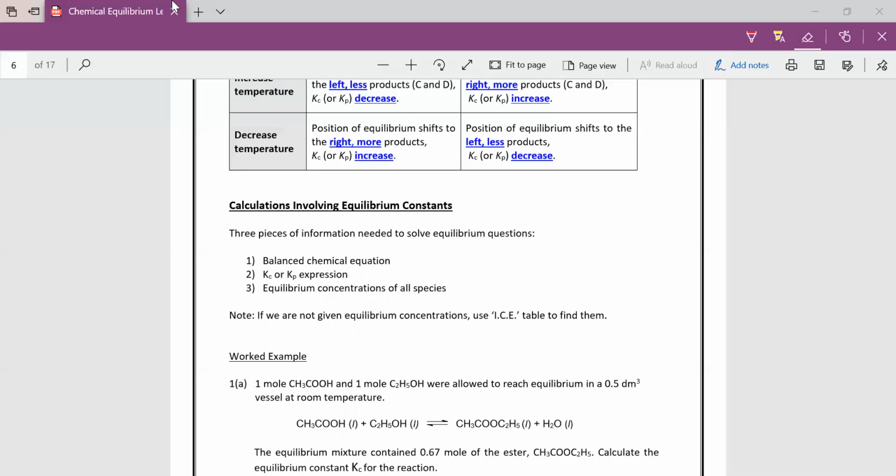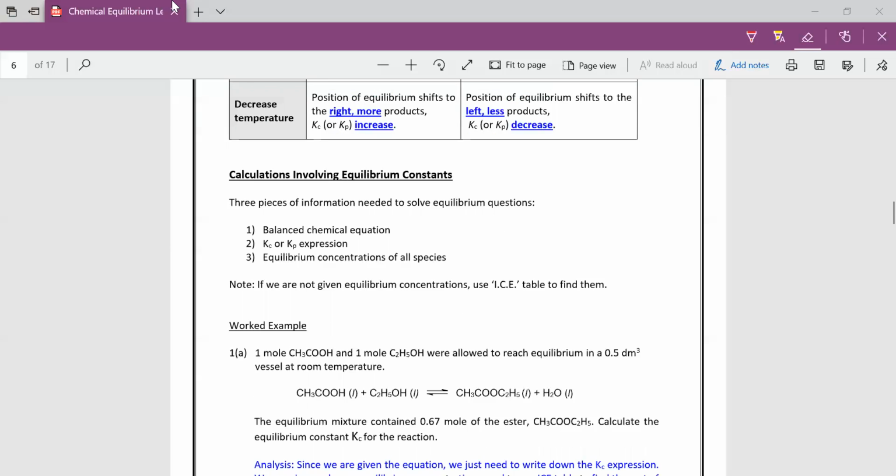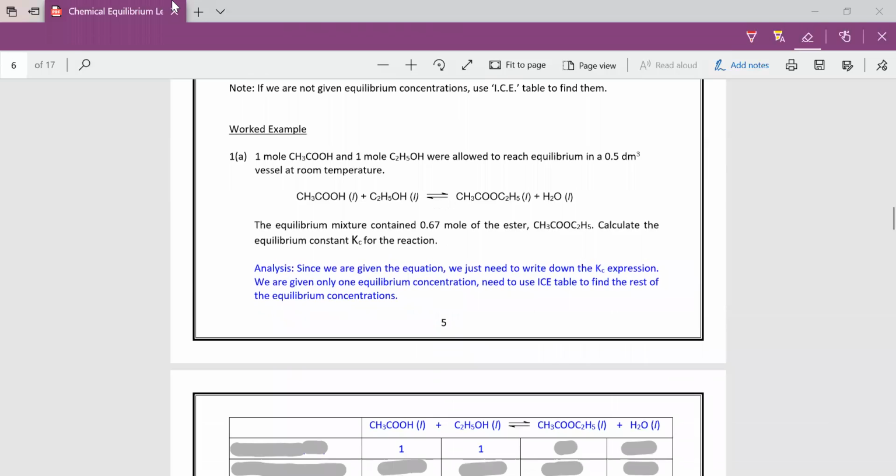So what's an ICE table? Let's take a look. For this example, we are given ethanoic acid and ethanol. They will mix and be allowed to reach equilibrium. The question has given us the equation, so we do not have to write that ourselves.